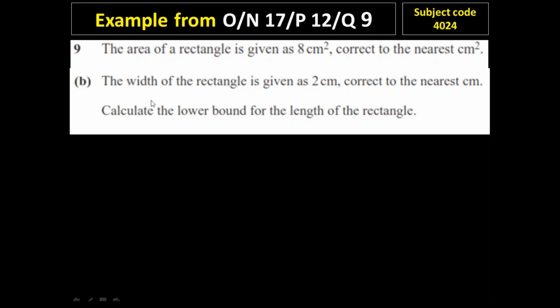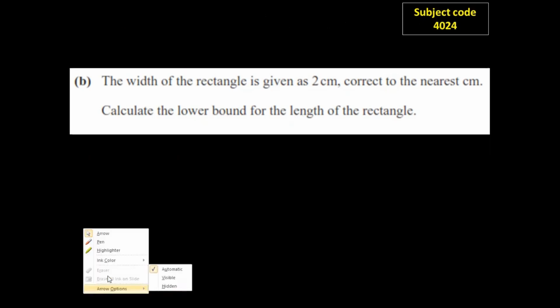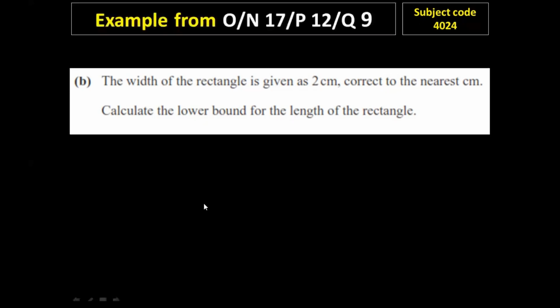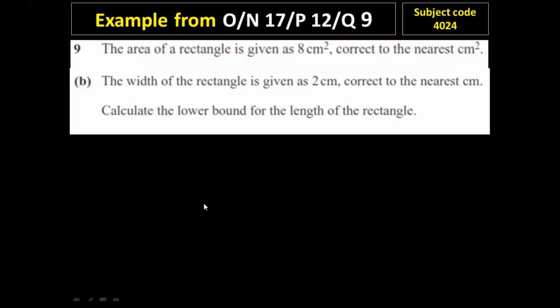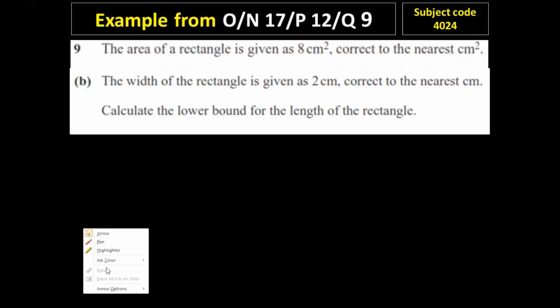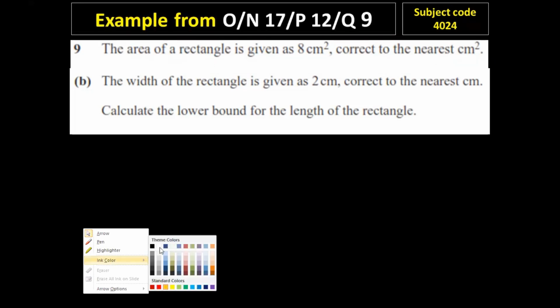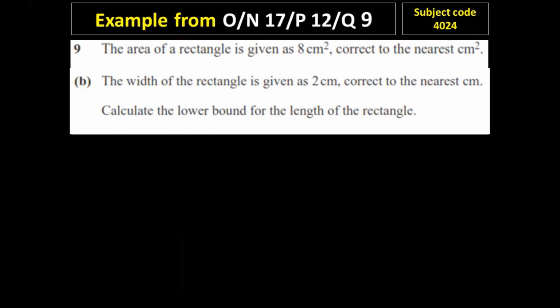So we have area, width, and we have to find the length. There are three components: area, width, and length. So it is an indirect approach, because we are going to find the lower bound with the help of a formula.